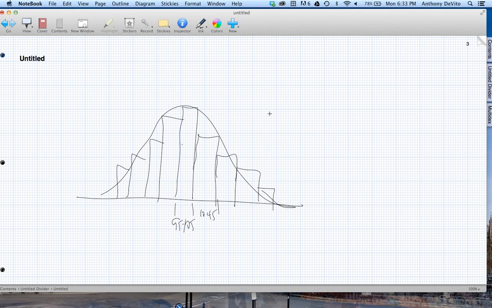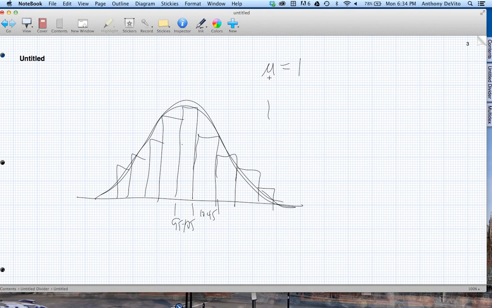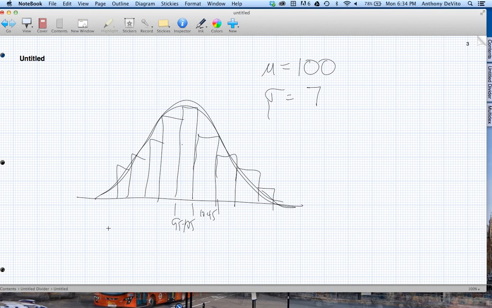The interesting thing about this is that in our distribution, here's that bell curve. If the population mean is equal to 100, and the population standard deviation sigma is equal to 7. I could have also done it for the sample, I'm just switching gears a little bit to talk about the population.